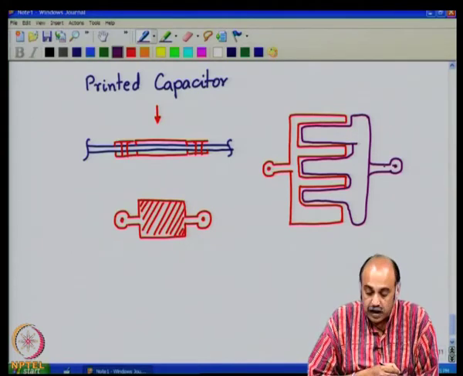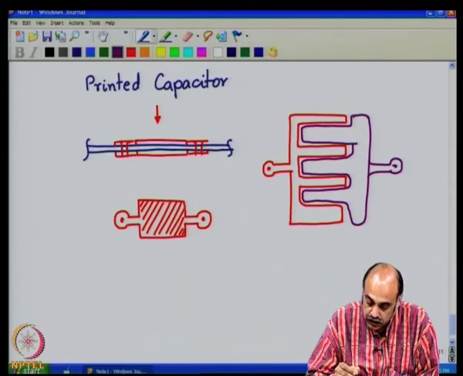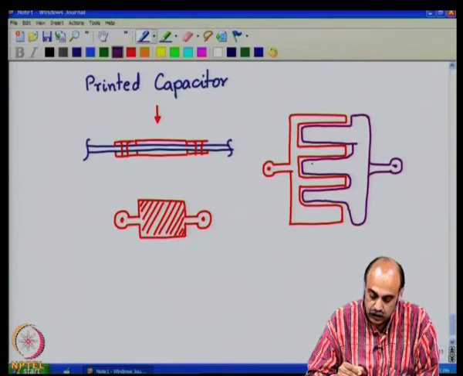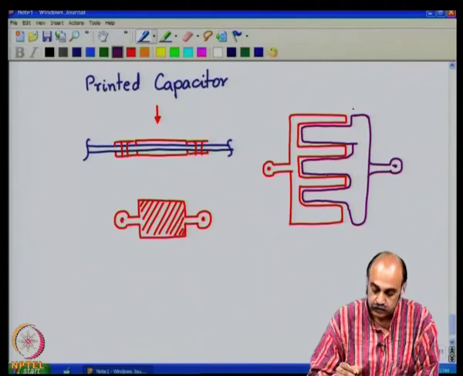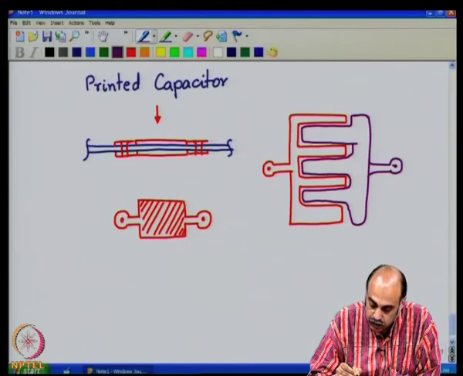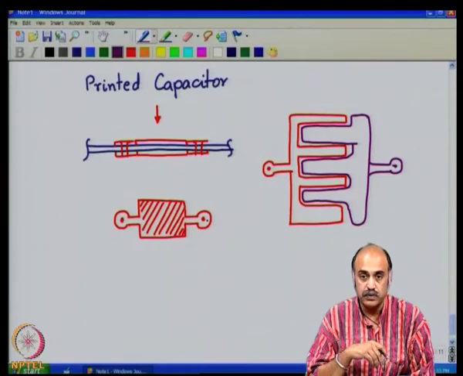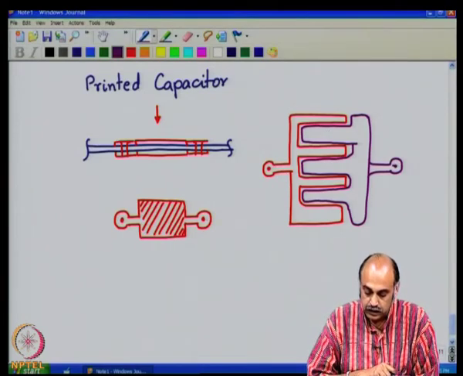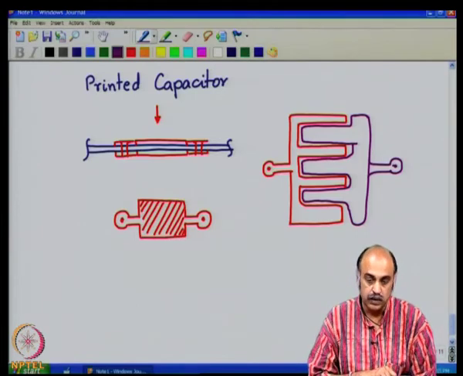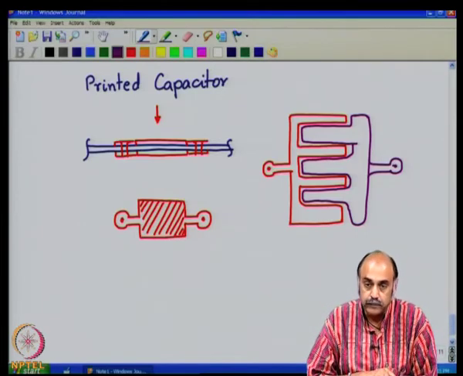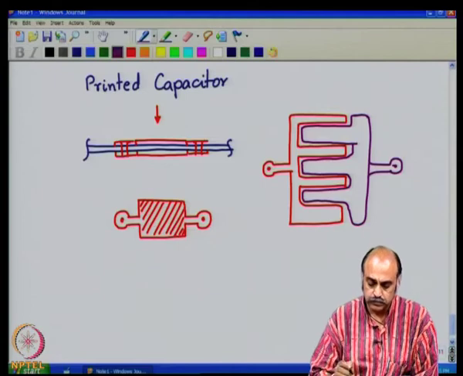So, this would form another capacitance, and you see that the contact point is all along this length. The dielectric between the right side comb and the left side comb is the one which is responsible for the capacitance between these two sets of conductors.